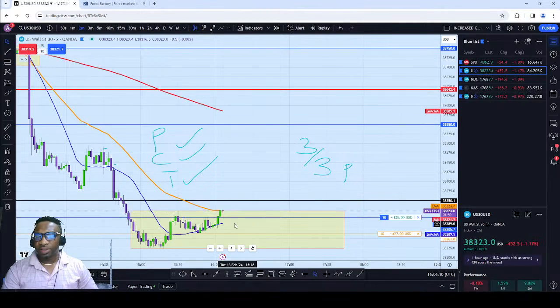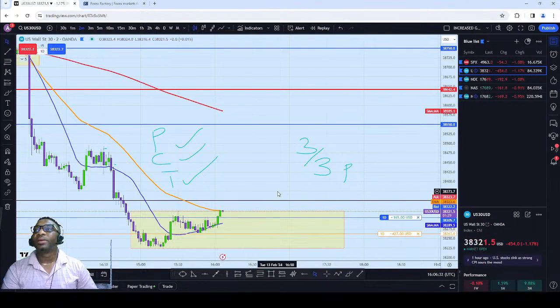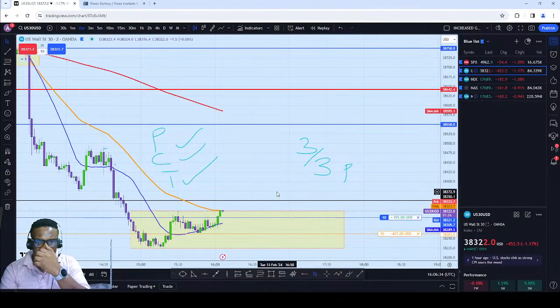As price is a little bit too close to the entry, I'll wait a little bit and then I'll move my stop loss above my entry, just to avoid being kicked out too early.